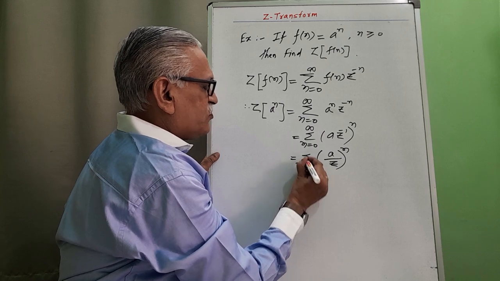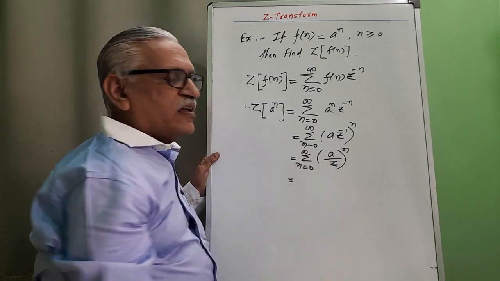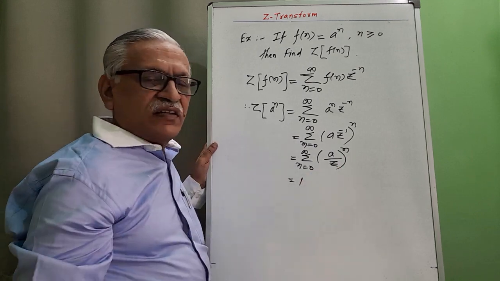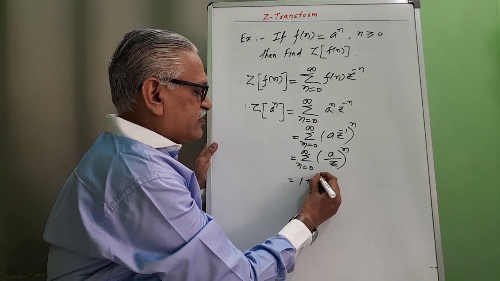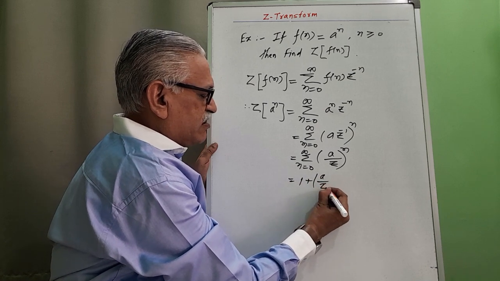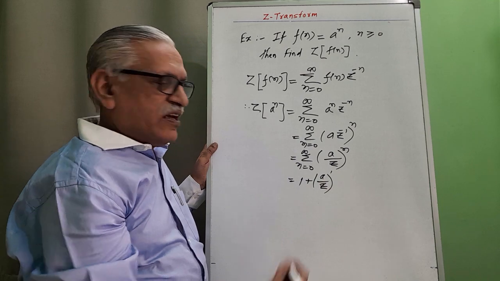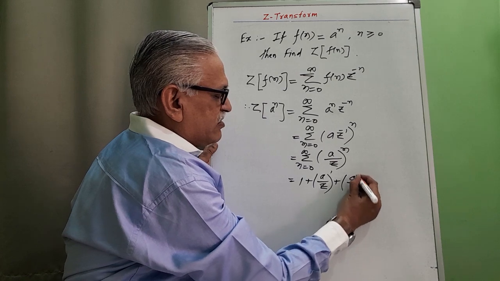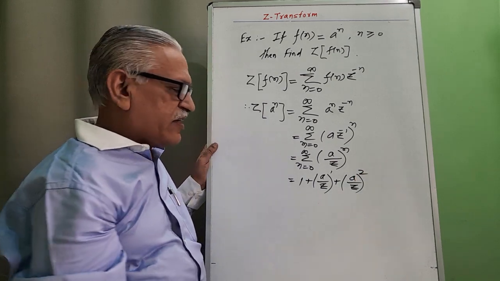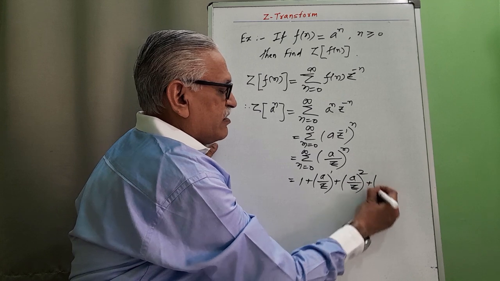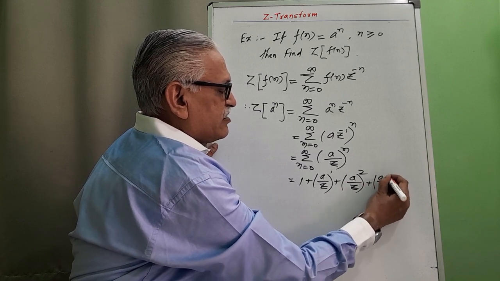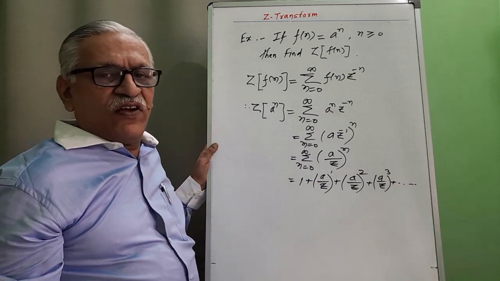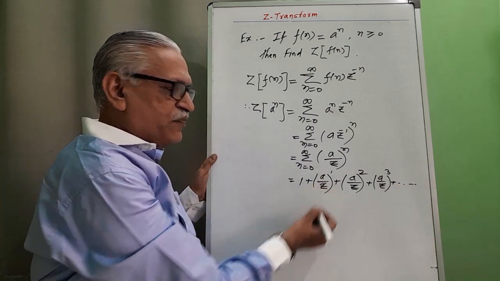Substituting n equal to 0, any number raised to 0 gives 1. Then n equal to 1 gives a by z raised to 1. Next n equal to 2 gives (a by z) whole square. Next n equal to 3 gives (a by z) cube, and so on. We have an infinite series in terms of a by z.